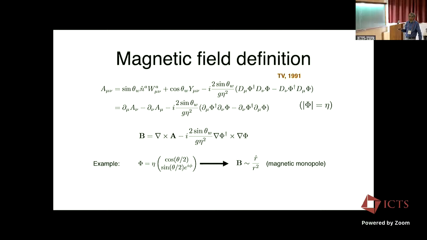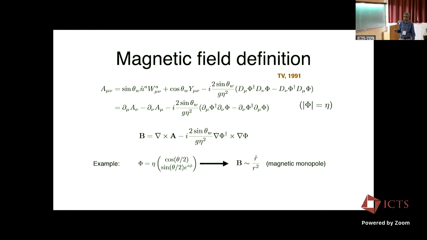If you expand out the covariant derivatives, what you find is that A mu nu is the curl part minus the gradient of phi dagger, gradient of phi, and so on. In other words, the magnetic field is defined as curl A minus the gradient of phi dagger cross the gradient of phi.